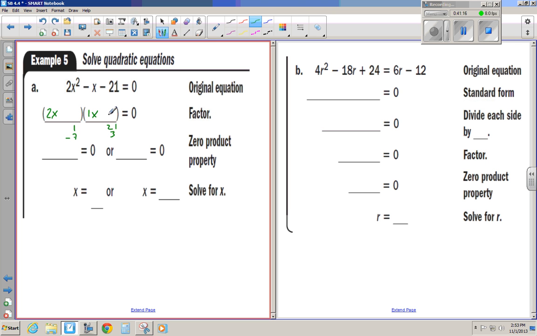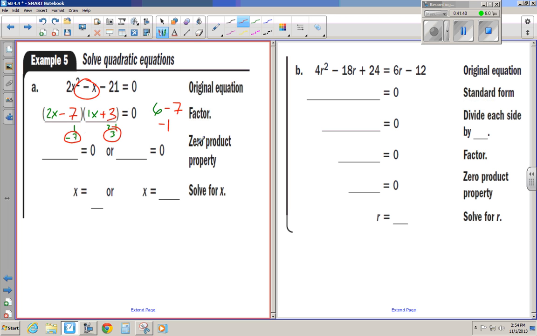There's more, but that's as far as we need. 2 times 3 is 6. 1 times negative 7 is negative 7. Adding them together gives us negative 1, which is what we want. So my answer is 2x minus 7 times x plus 3.